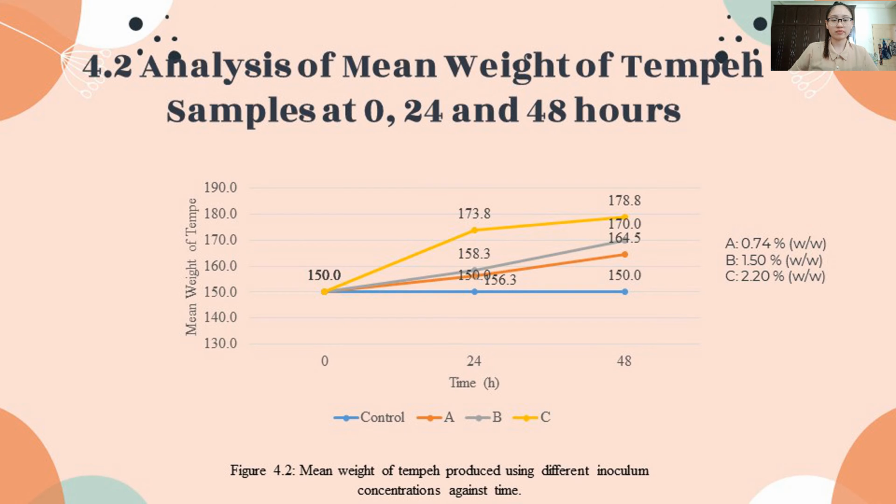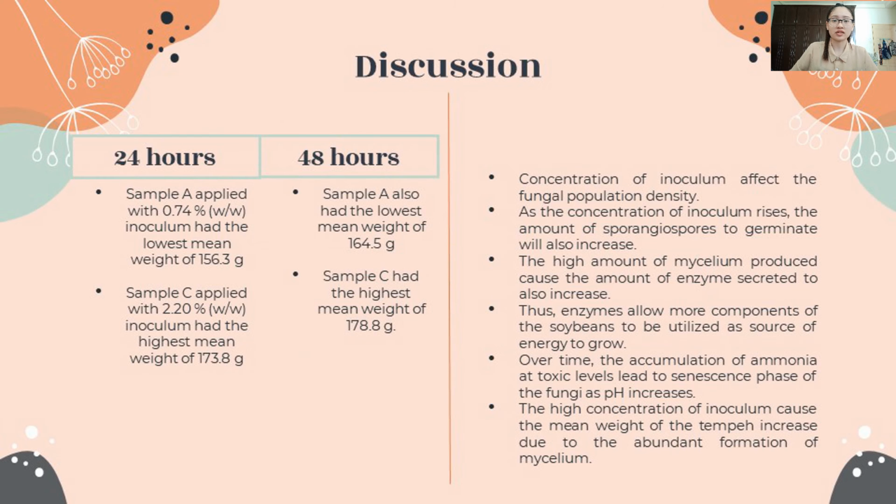Next is the analysis of mean weight of tempeh samples at 0, 24, and 48 hours. At 24 hours and 48 hours, sample A and sample C have the lowest and highest mean weight respectively. The concentration of inoculum affects the fungal population density. As the concentration of inoculum rises, the amount of sporangiospores to germinate will also increase.